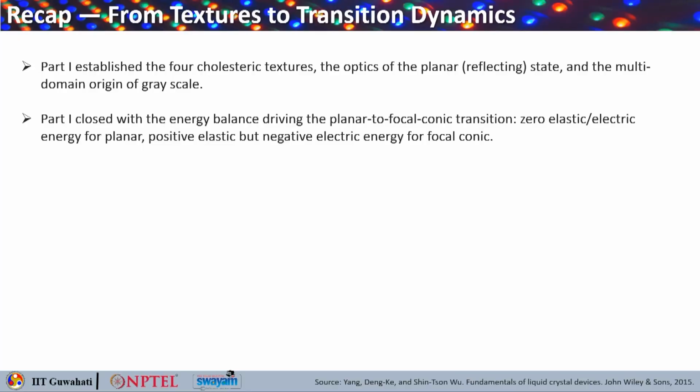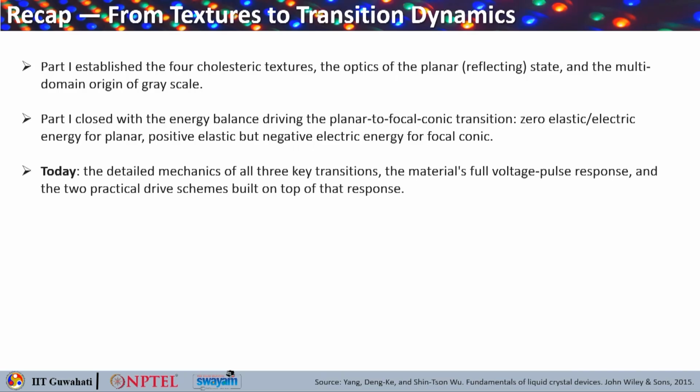That was zero elastic and electric energy for the planar, and then you have positive elastic but negative electric energy for the focal conic. That is why a little bit of application of electric field was able to drive that transition, right? So today's lecture builds directly and continuously on it.